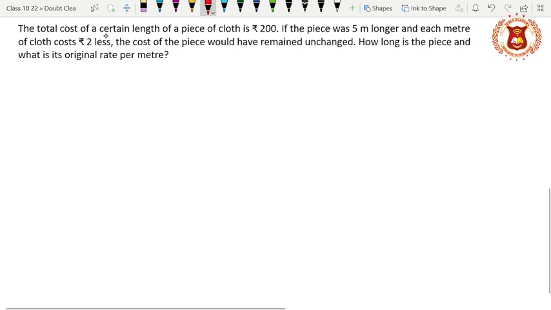The total cost of a certain length of a piece of cloth is rupees 200. Certain length of a piece of cloth. Therefore, definitely the length, certain length, means the length is a variable here. Therefore, let us take this variable to be x.